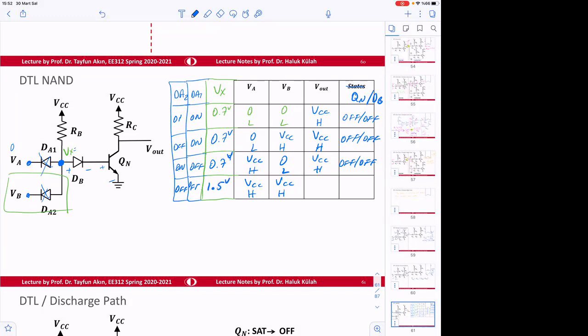Why? Because Qn will be in saturation and the other one is going to be on. So this is going to be 0.8, this is going to be 0.7 volts, therefore that's going to be 1.5 volts. So what is going to be the output? Since the transistor is in saturation, it's going to be 0.2 volt and the output is going to be low. So logic-wise, if you look at this logic, this is a NAND circuit, okay? A 2-input NAND.